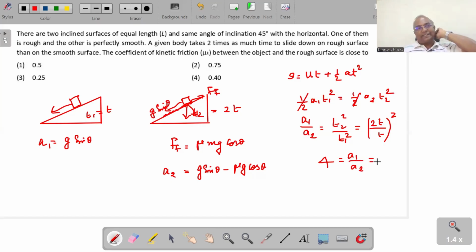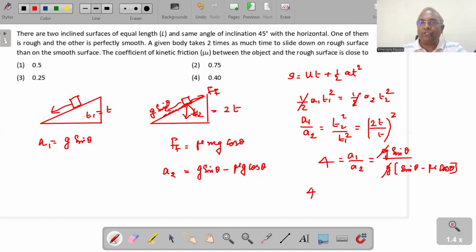So 4 equals a1 by a2. a1 is the first case, g sine theta, divided by the second case, where g can be taken out common: sine theta minus mu cos theta. The g can also be cancelled.